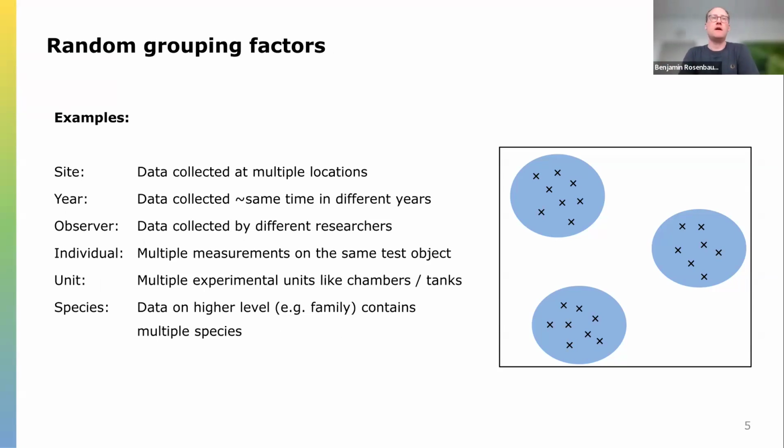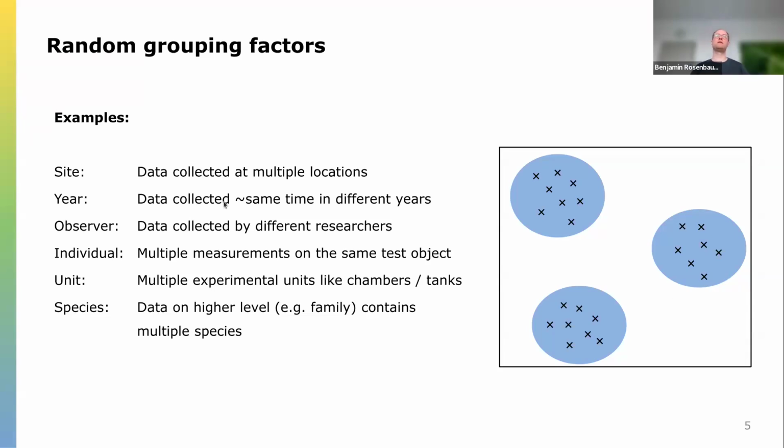First, some classical examples of how your data can be structured in such a way that you have to account for this in a mixed effects or random effects model. First, your data is collected at multiple locations, and each location might have different environmental conditions. So you should account for this.